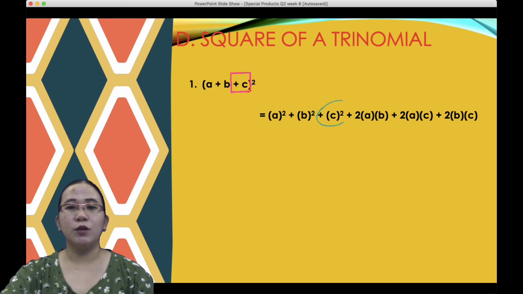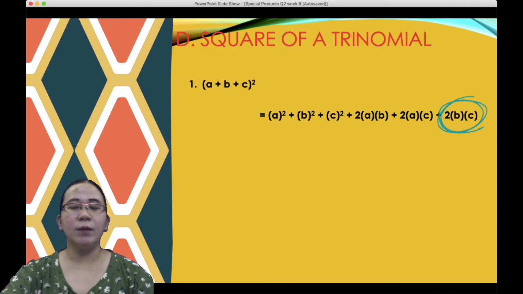The fourth step is to multiply 2 to the product of first term a and second term b, which is 2ab. For fifth step is to multiply 2 to the product of first term a and third term c, which is 2ac. Lastly, 2 times the product of second term b and third term c, 2bc.